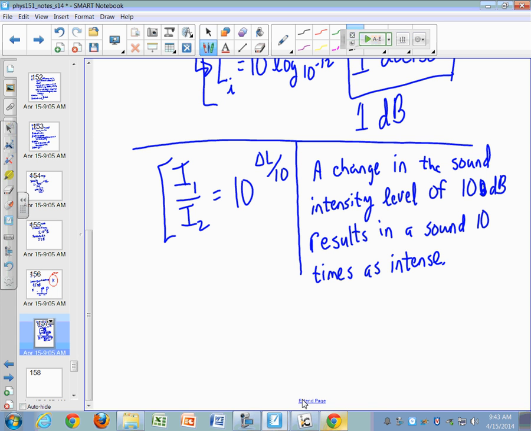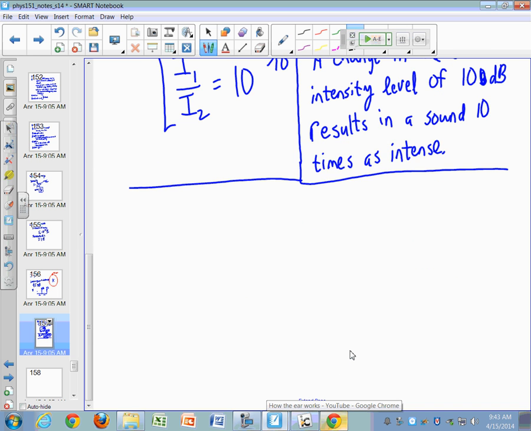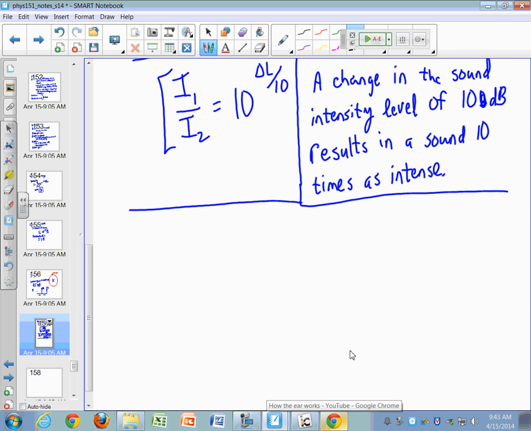That might seem obvious to you right now, but it's a little more complicated than that. If I had a 10 decibel difference in sound intensity level, which is different from sound intensity, then it would result in an intensity that was 10 times as great. But if I had a change of 20 decibels, what would that correspond to in the change in intensity?